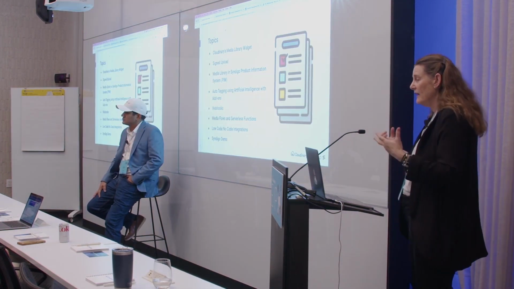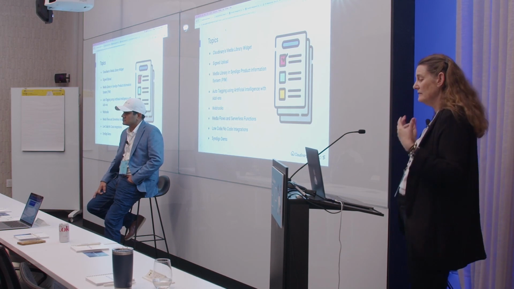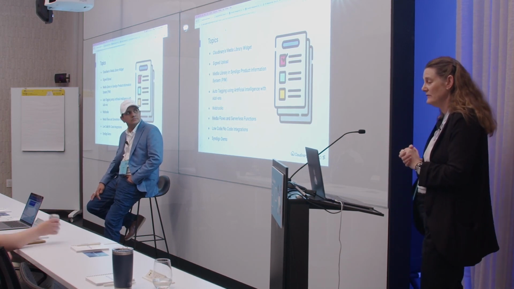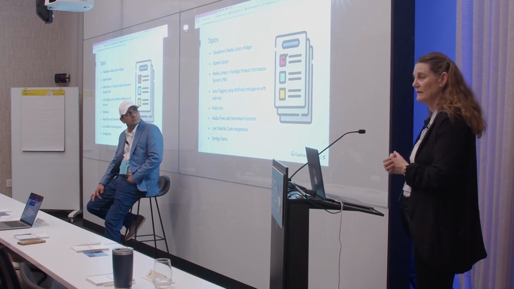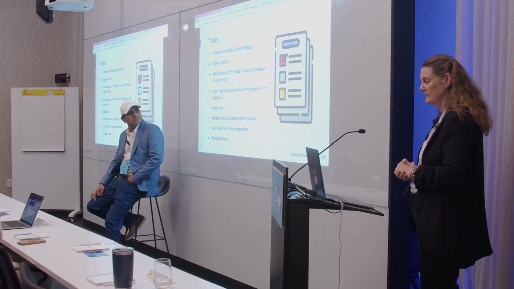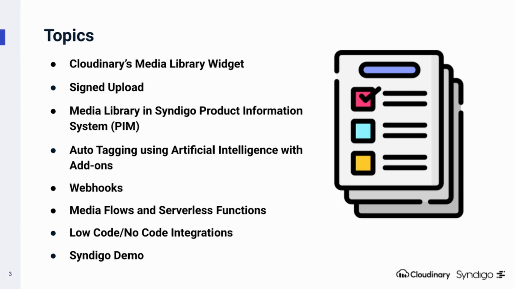So our topics, and this list is really a list of the technologies that were used in the Syndigo PIM, their product information management system. We'll be looking at the media library widget, signed uploads, which are very useful with the media library widget. We'll be looking at the media library as it looks in Syndigo.